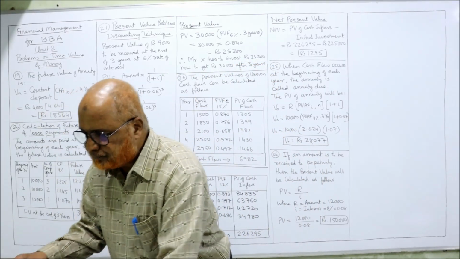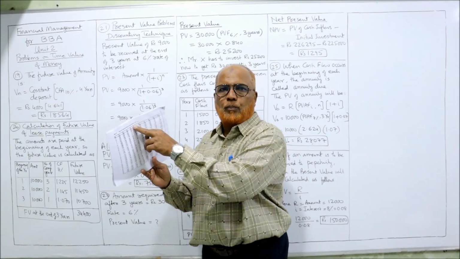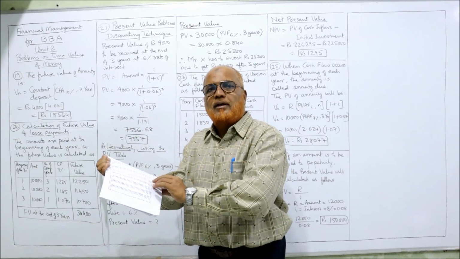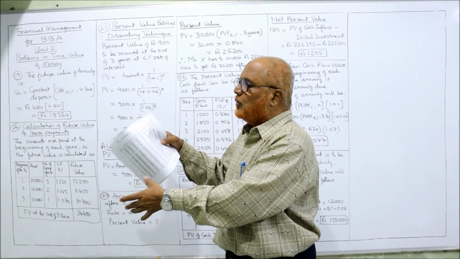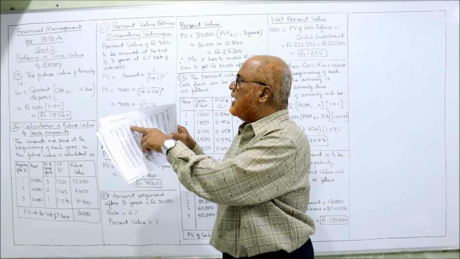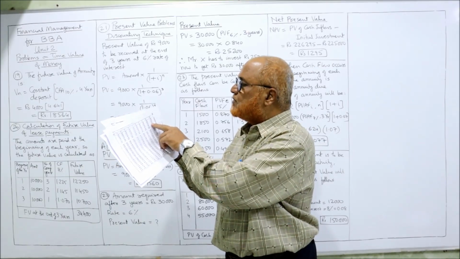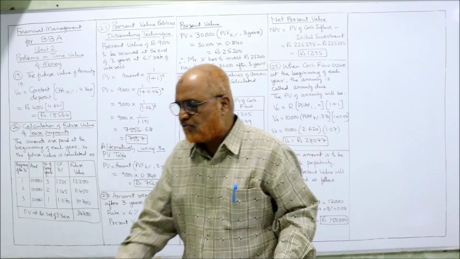In this table, you will have the annuity compound value of rupee 1. The first 3 pages go up to 30%. On the top you can see the compound of an annuity value. We need 10%, 4 years. It is 4.641.